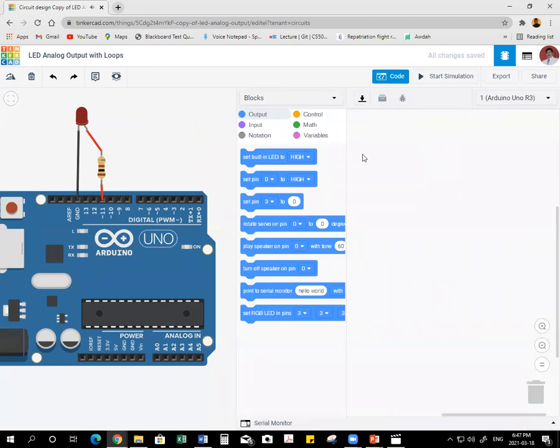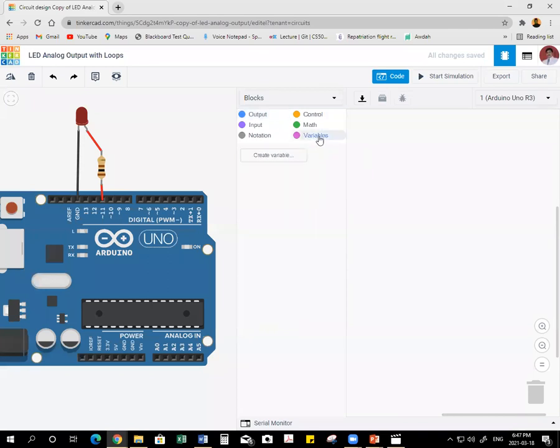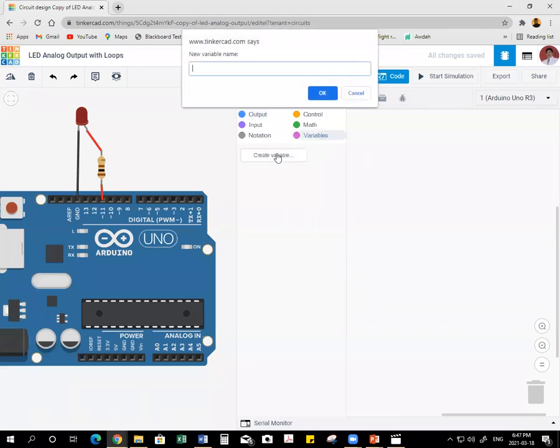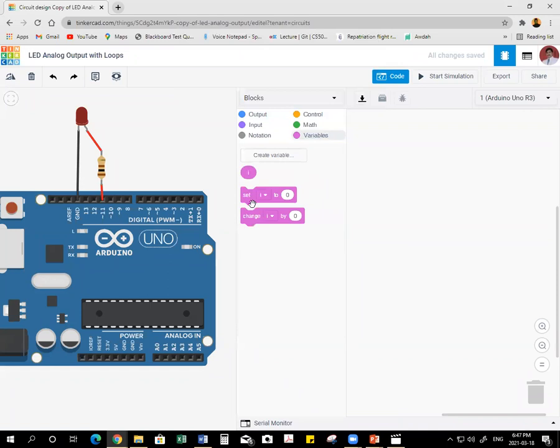Now freshly we'll start. First what we need is a variable. Then we'll create a variable I. You can put any name. Three blocks are created with variable I: set something to I with some value, and change I with some equations like that.